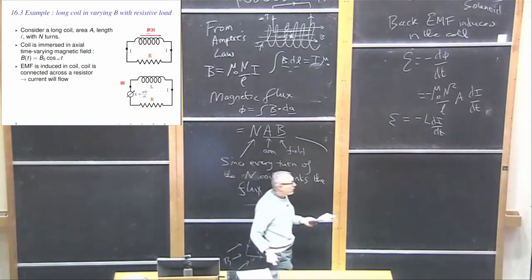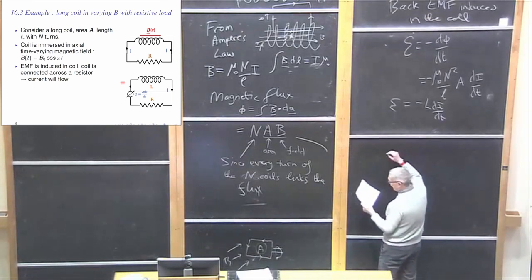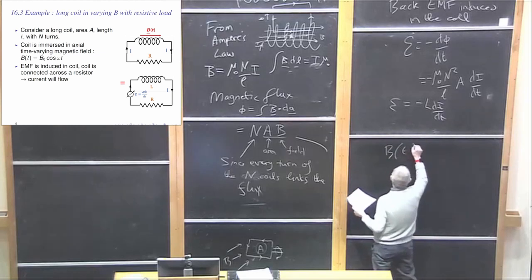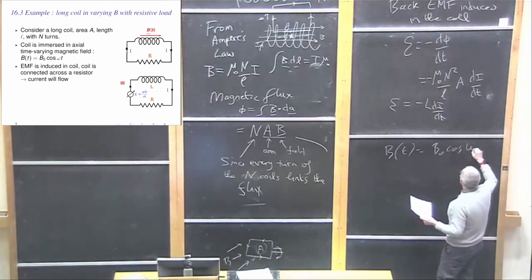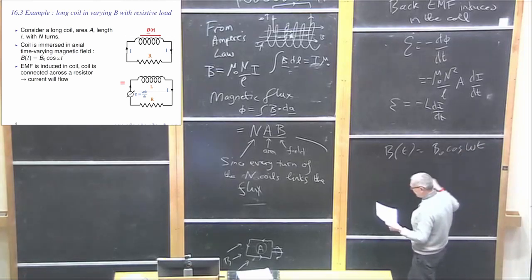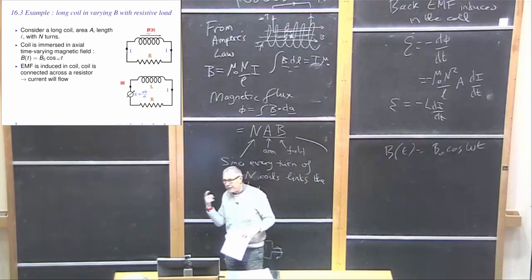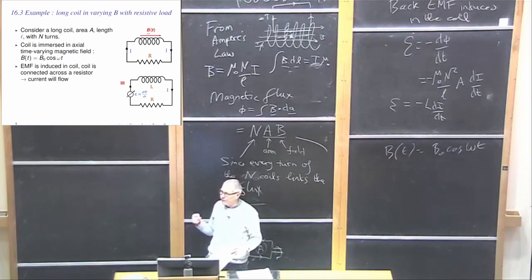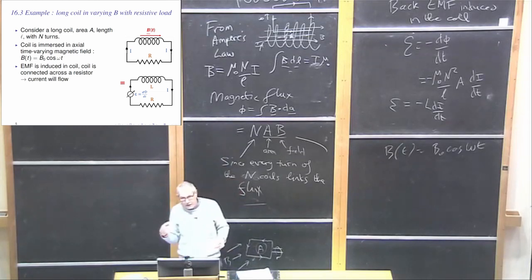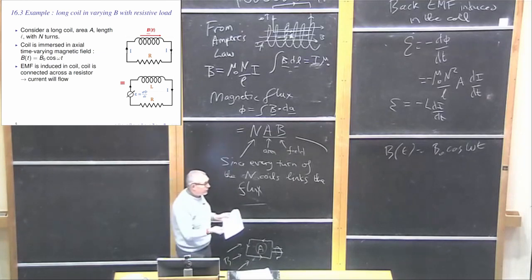It's just an example, so I'm going to put it into a field which varies like cosine omega t. And of course, if you've got a time-varying field, you're varying the flux, the integral of B dot dA, which means you induce an EMF.